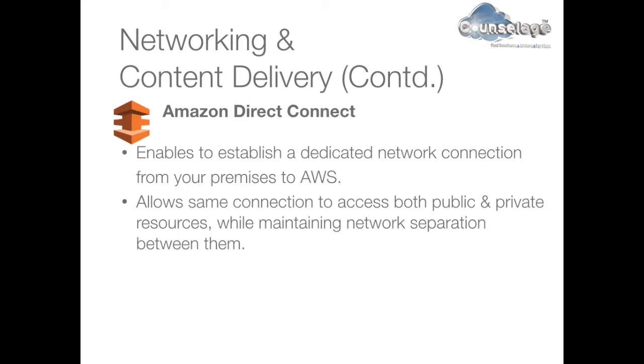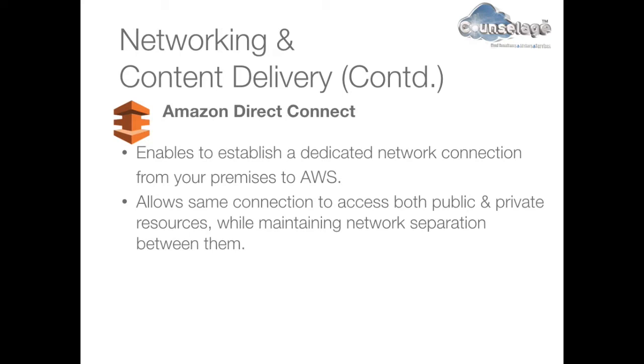The next one is AWS Direct Connect. So it basically makes it easy to establish a dedicated network connection from your premises. It can be a data center, office, or co-location environment, to AWS.